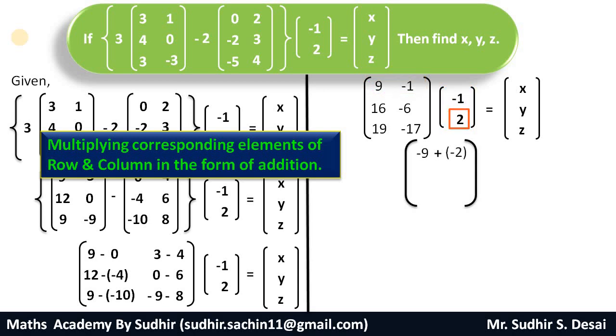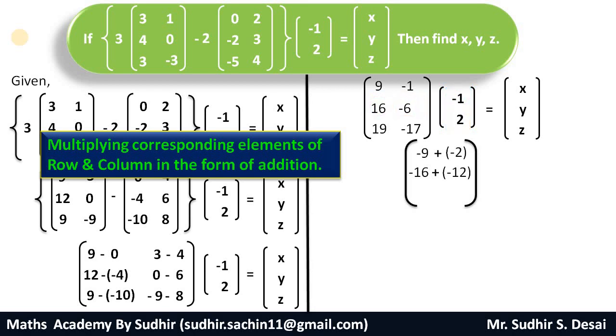Now there is no column for multiplication, so we will go to the second row and multiply it to the first column. So first element 16 into first element minus 1, so 16 into minus 1, minus 16, plus second element minus 6 into 2, that is minus 12.